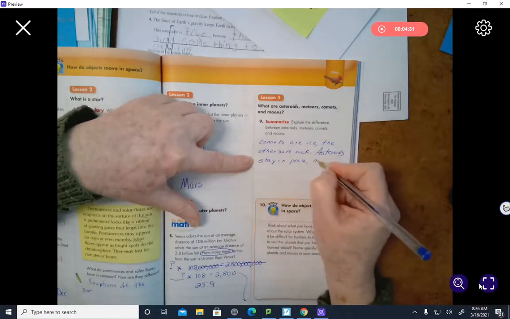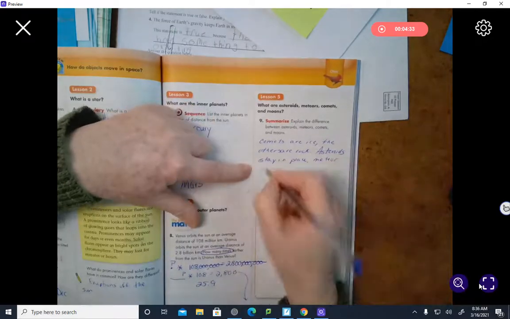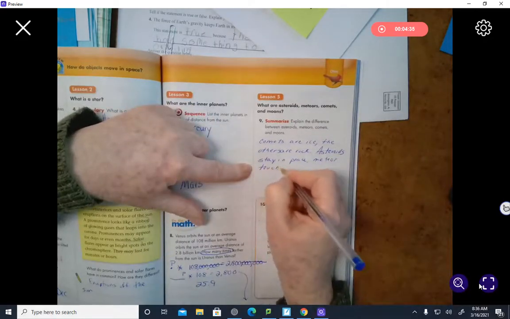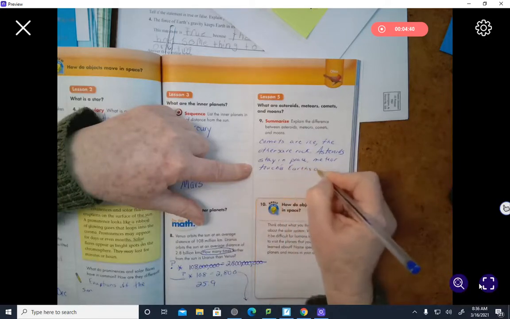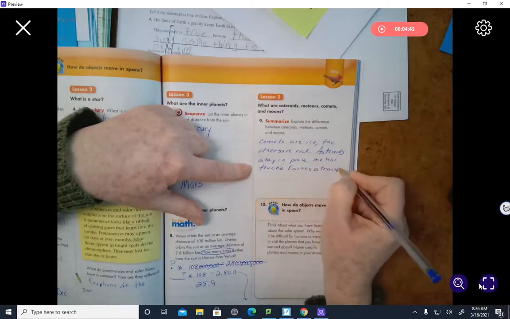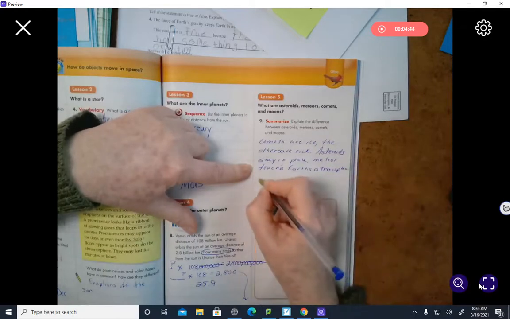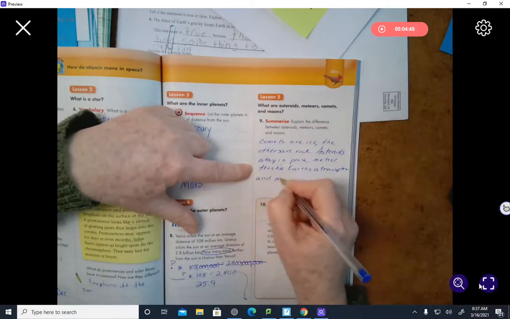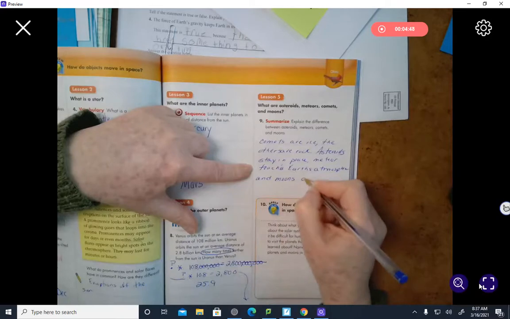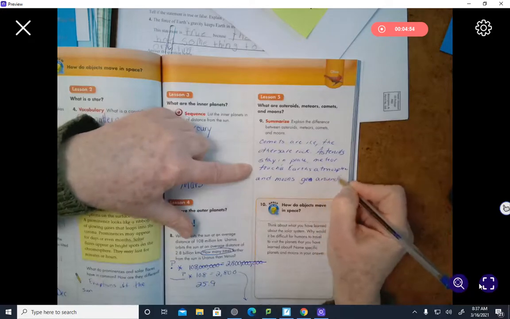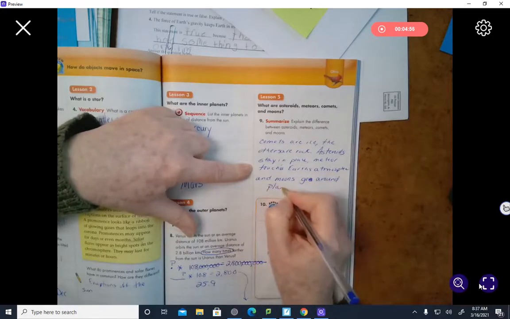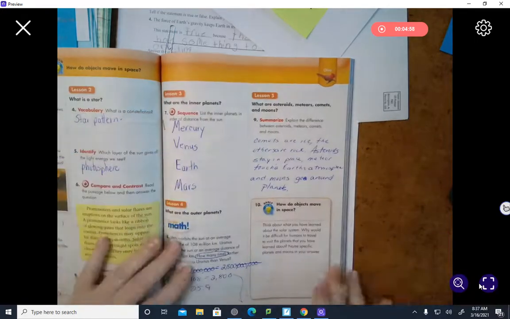A meteor touches Earth's atmosphere, and a moon, or moons, go around planets. So that's kind of like a basic answer.